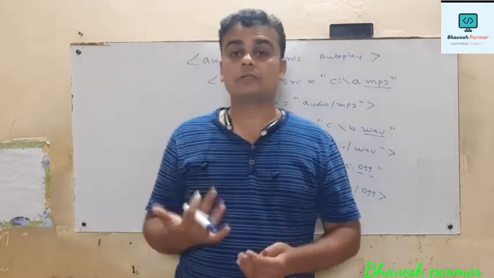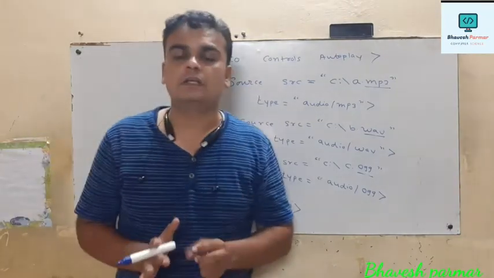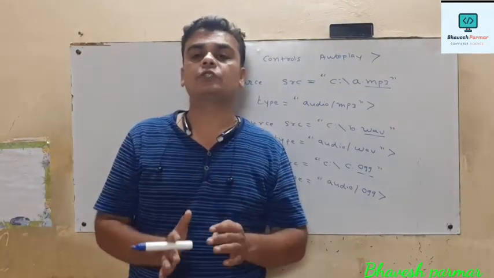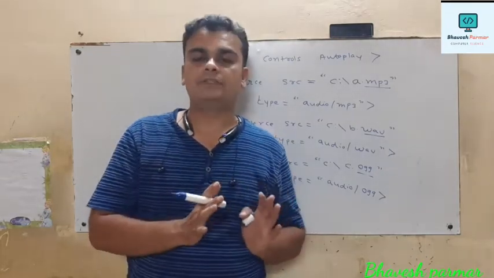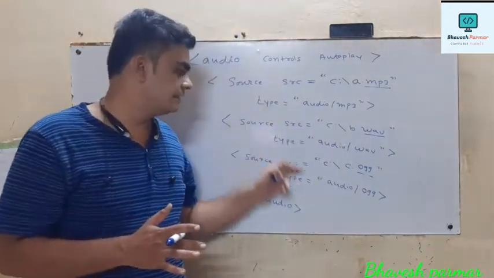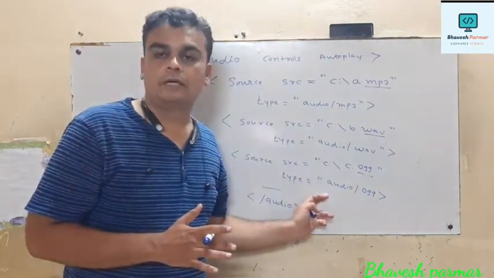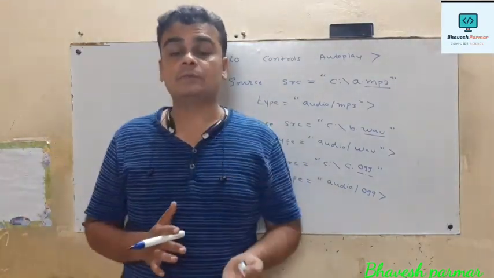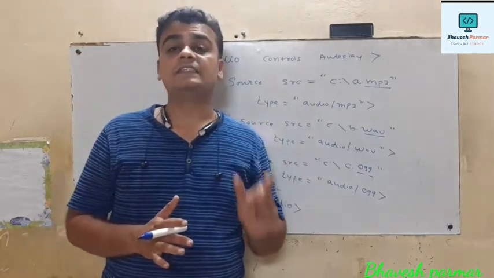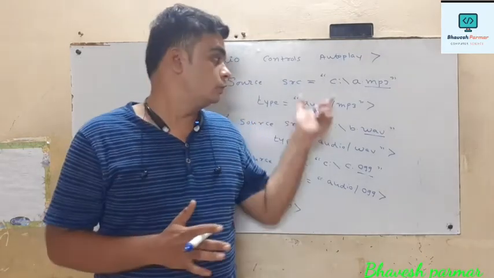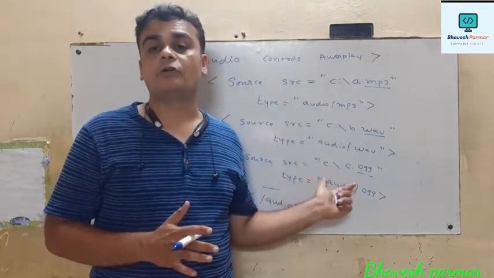There is one more supporting tag that we recently discussed, and the name of the tag is source. The source tag is widely used to add multiple files within the web page. If I'm using multiple files in this program, then when I execute it, separate audio controls are visible on my web page, so I can play all these separate audio files.